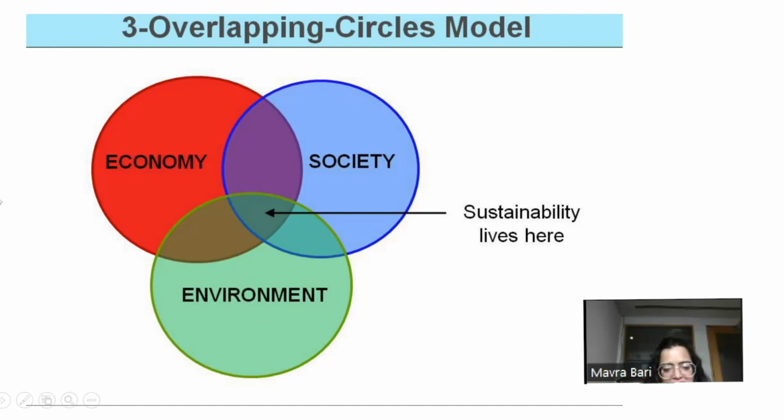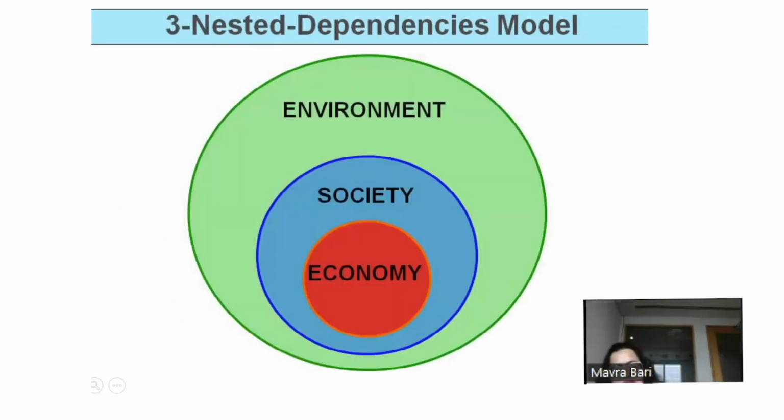So thirdly, and lastly, this is maybe the newest kind of model that a lot of sustainability scientists think might be, still has issues, but maybe out of the three, the best one. It's called the three nested dependencies model. Over here, we understand that each is dependent on each other and that they all actually operate within the environment, the larger environment.